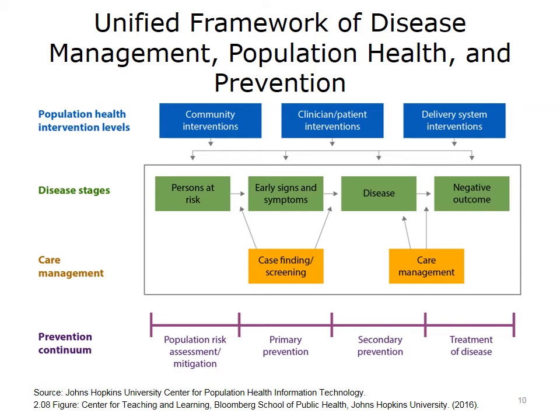This graphic provides a framework for understanding, from the clinical perspective, stages of the disease. It shows the levels of population health interventions, the ones just expressed before. It describes the care management process, and it talks about the prevention continuum.